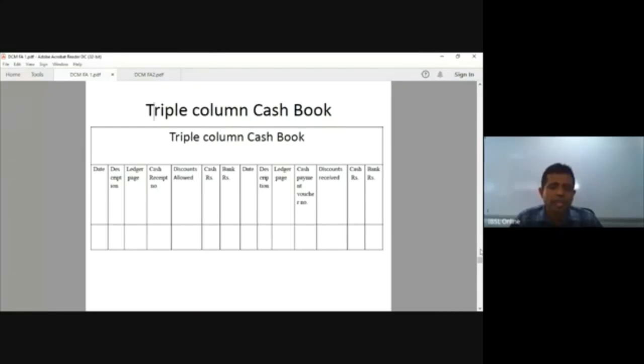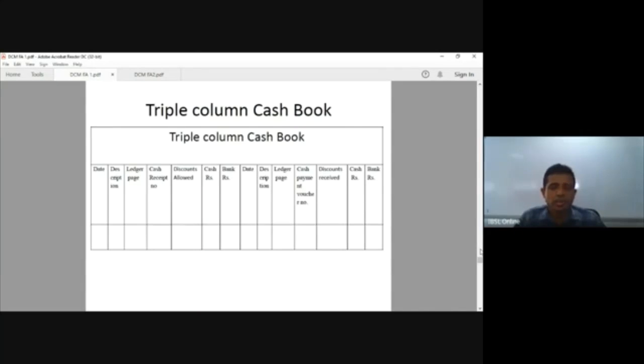Now, in order to record those discounts, discount allowed and discount received, you have to have another column on the debit and credit side of the cash book. If you record those discounts, you have to prepare a triple column cash book.